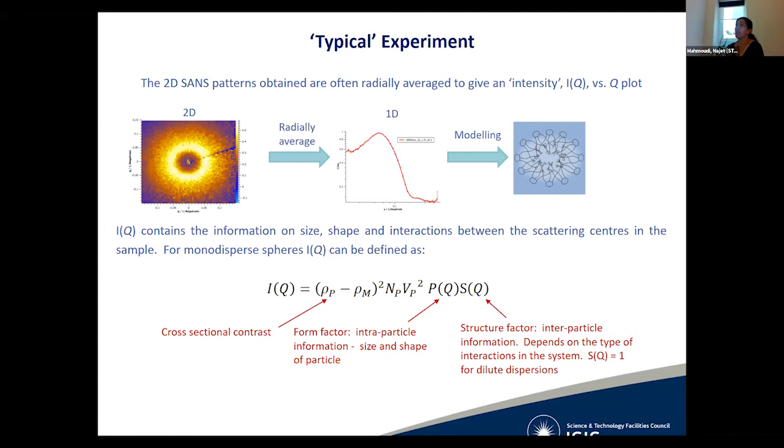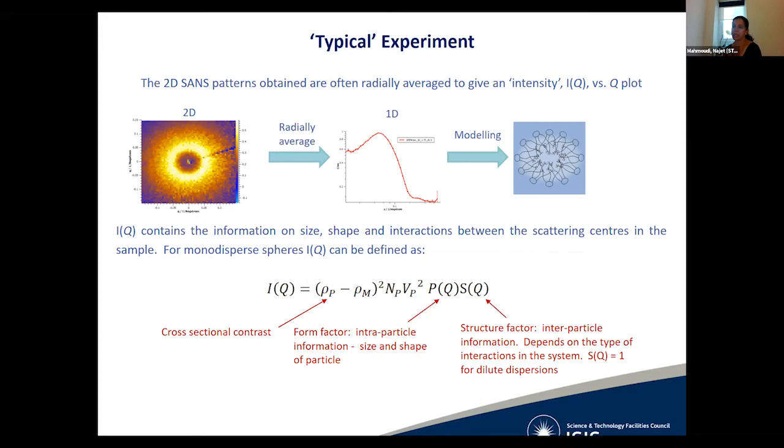Your scattering has information about the form factor of your particle, which is the intraparticle information, so it has information about the size and the shape of the particle, but it also has information about the interparticle positions in the system, and that's what we call the structure factor.